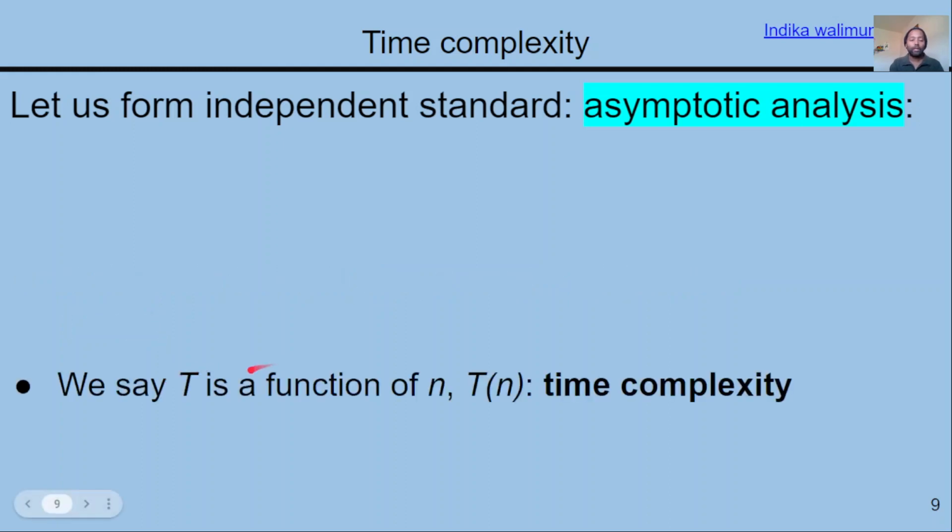We represent that as T(n), and we call this the time complexity of the algorithm. T(n), time complexity of the algorithm.